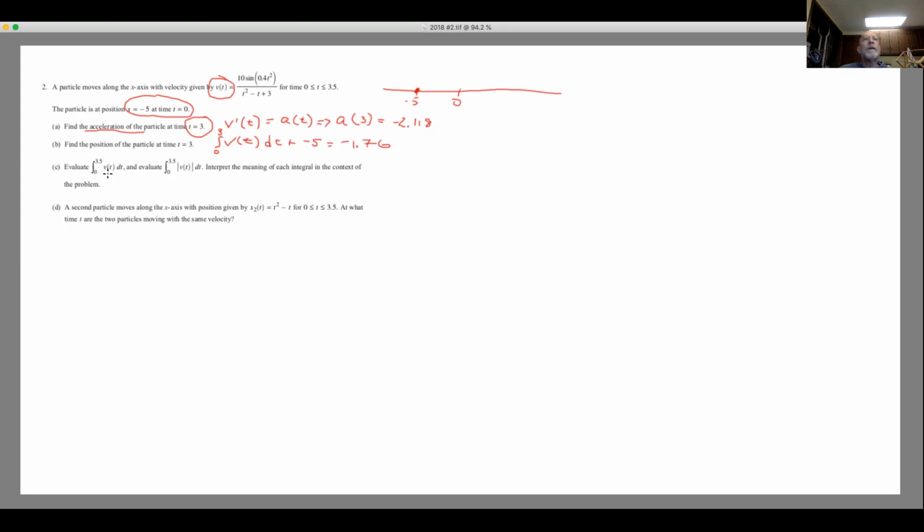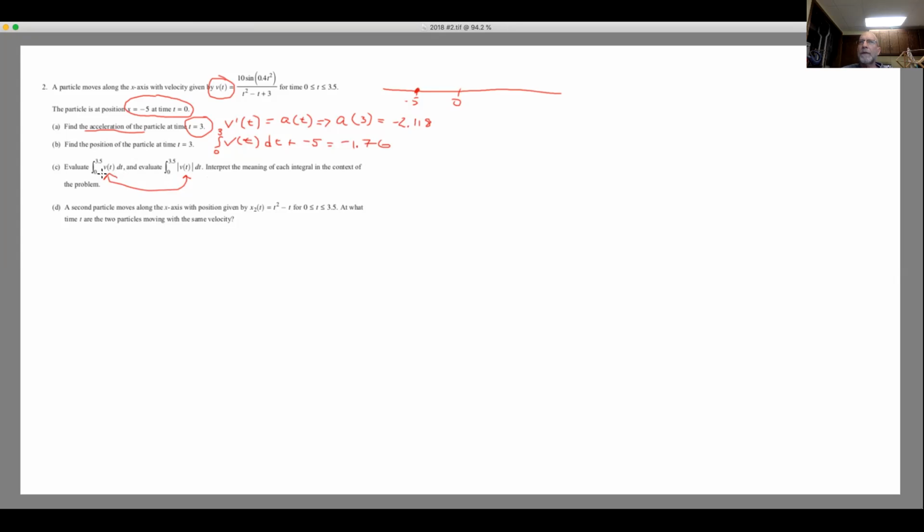Well, the only difference between the two is that one has an absolute value of the velocity and the other one doesn't. So how are they different? What do you get when you take the absolute value of the velocity?